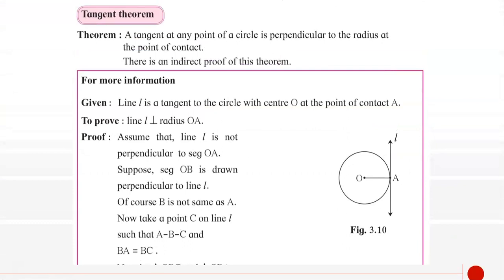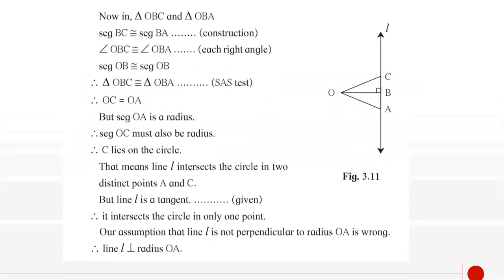And B is not the same as A. That means A and B are different points. Now I have to take another point C on line L such that A-B-C and BA is equal to BC. So my figure will look something like this, A-B-C, and I have BC equal to BA.